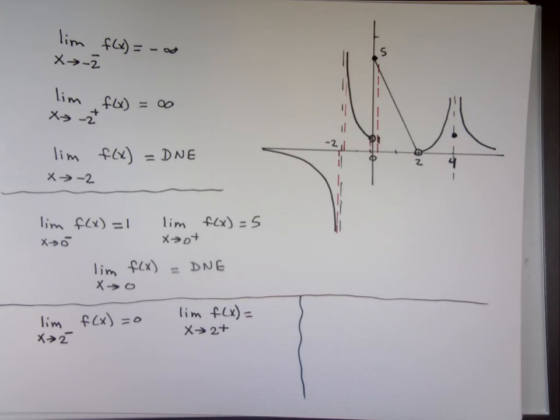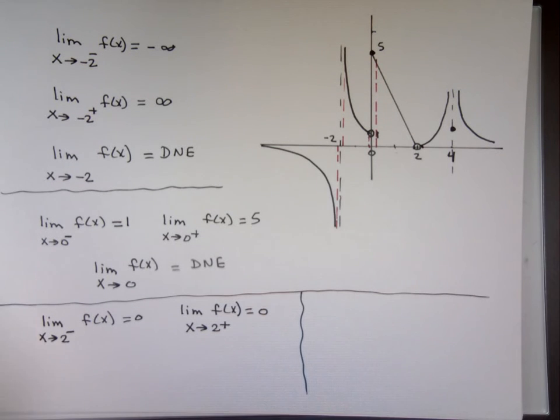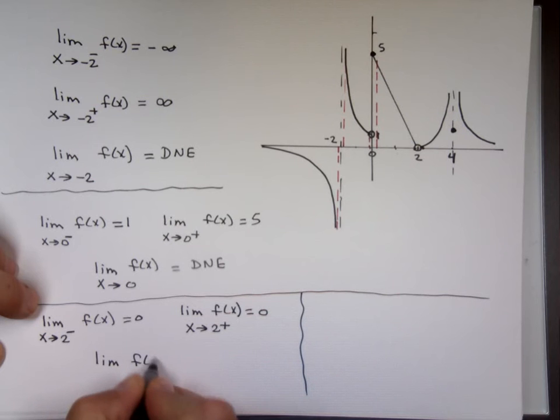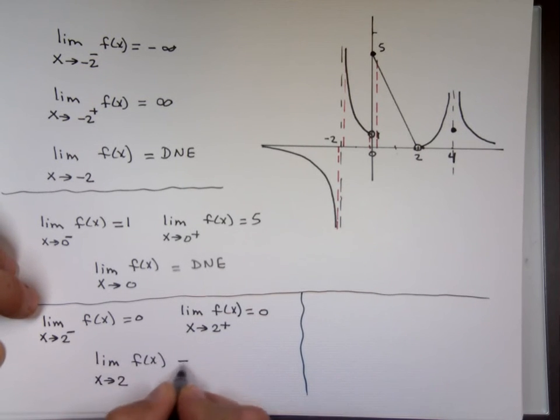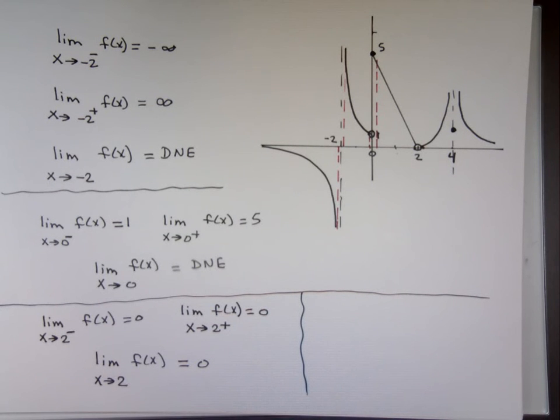From the right will be what? 0. Also 0. Right there. That's the height. So what's the limit of this function as x approaches 2 then? That's 0 because the numbers are matching. If they don't match, there is no limit. If they match, that's your answer.